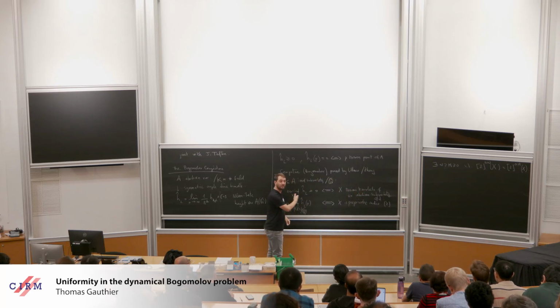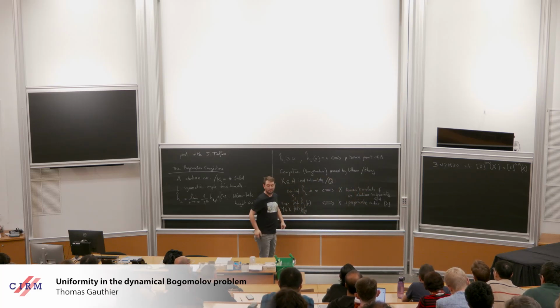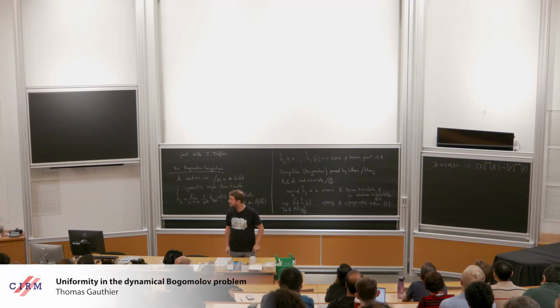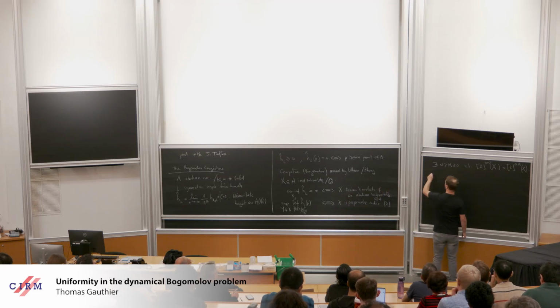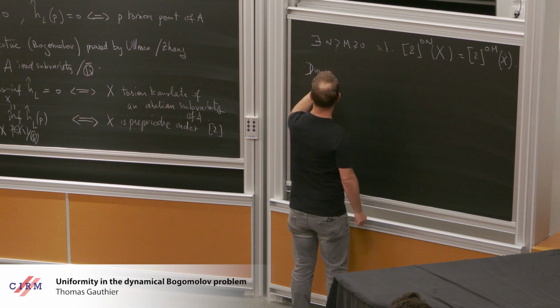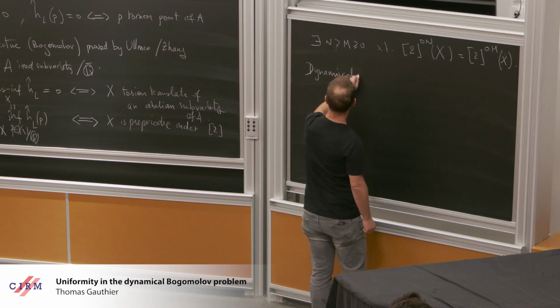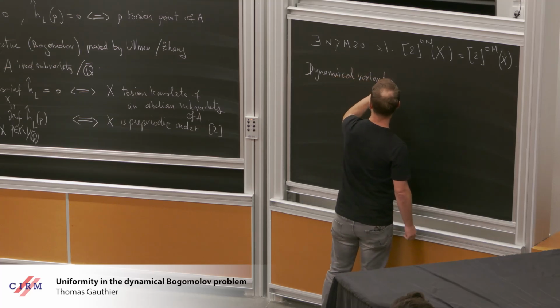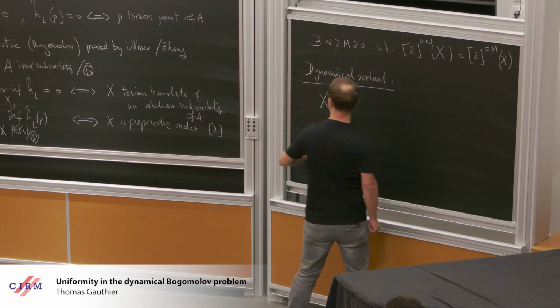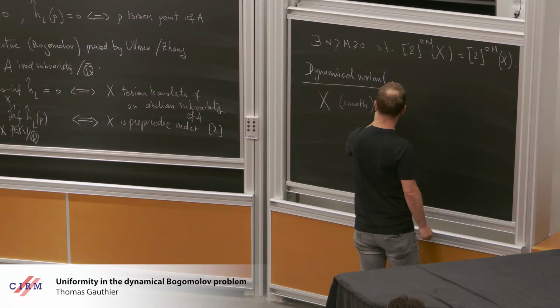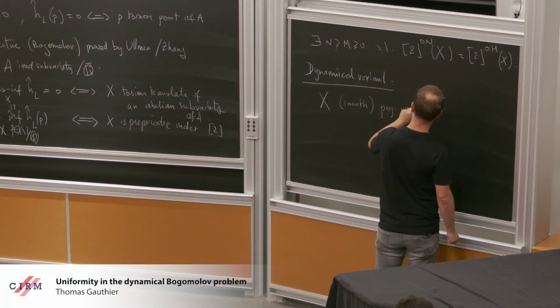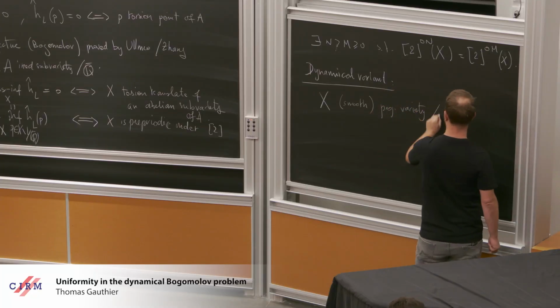And so you can ask whether you can have something similar in a more general setting. So what is the context in which we are going to discuss that? What is the dynamical variant of it? Here you take X to be, let's say, a smooth projective variety over a number field again.